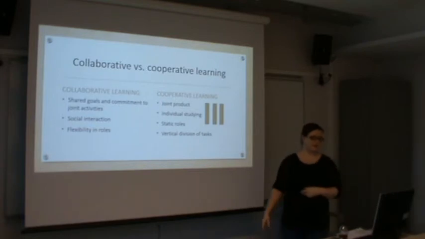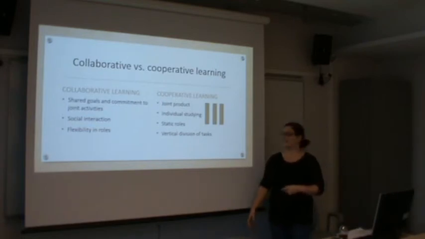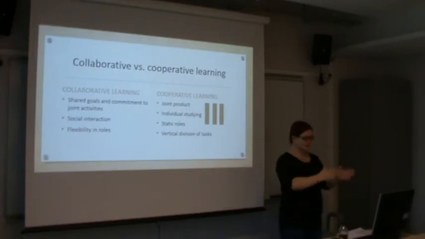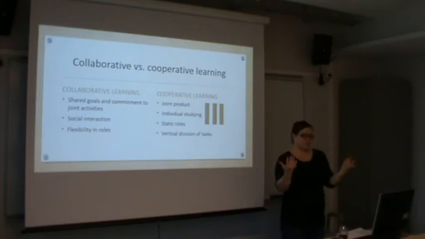And in cooperative learning, the tasks and the labor are divided vertically. That means that everyone takes their own part of the content. One book to read, one task to do, and then they are just put together in the end to create a joint product, for example a presentation.